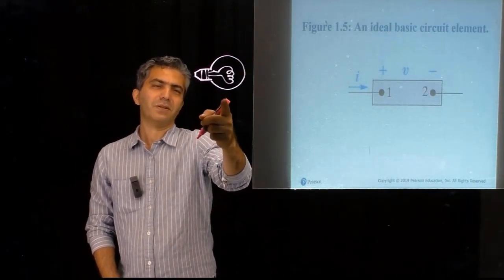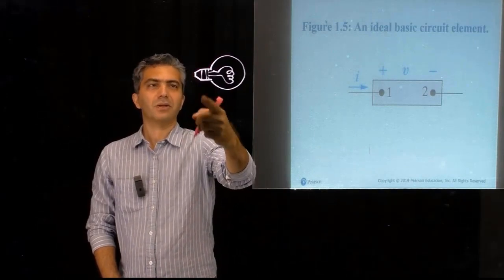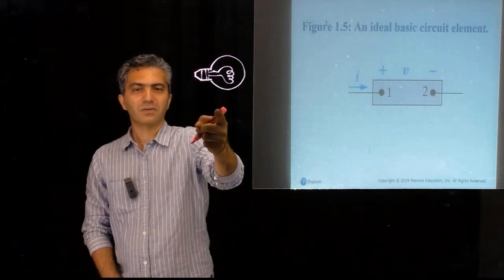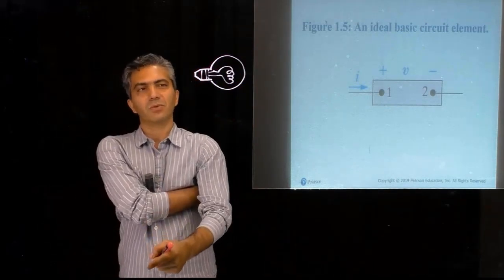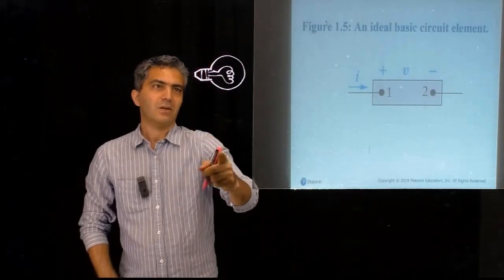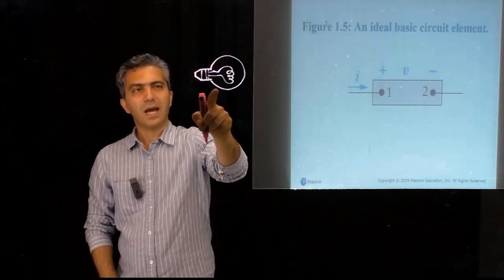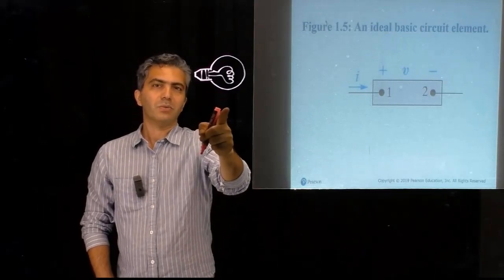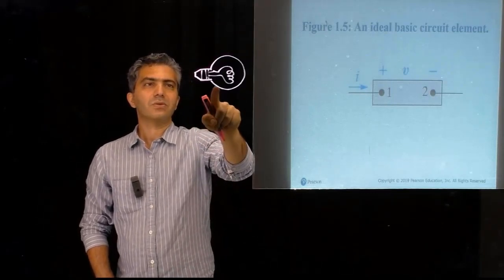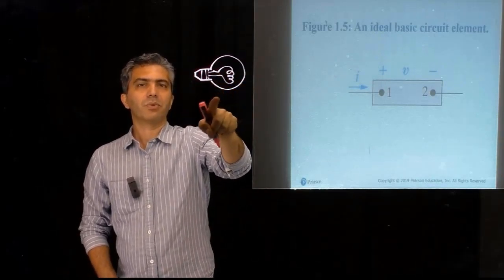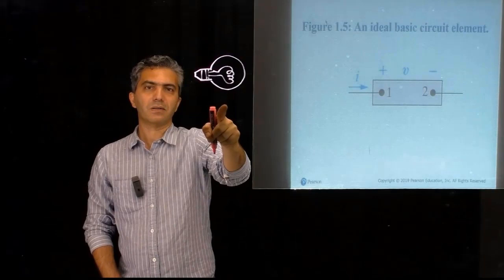But if every time that you want to analyze a circuit including this device, you have to draw this device in your circuit, that would be really time consuming, and it's not an efficient way of dealing with the analysis. So instead of drawing the actual device, what normally we end up doing is to symbolize this and use a symbol that represents the same device.